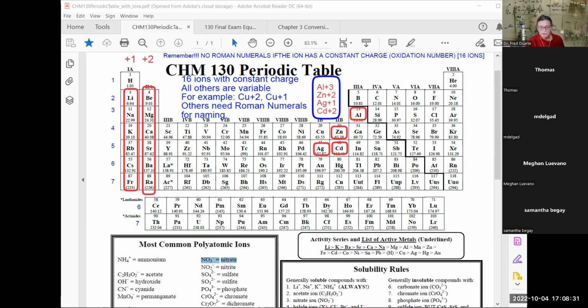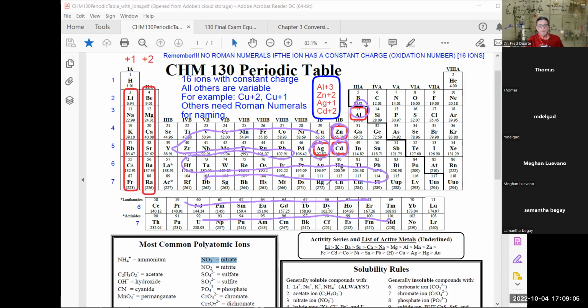Then additionally, there's 4 more, and I circled those. You have aluminum right here, zinc right here, silver right here, and cadmium right here. Aluminum will always have a +3 charge, simply because it has 3 valence electrons. Now, everyone else in here, we cannot predict all the metals. We cannot predict what kind of charge they're going to have.